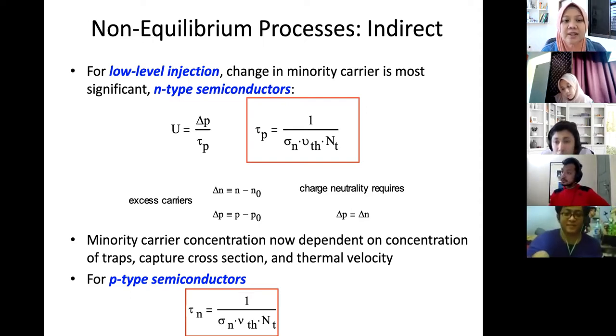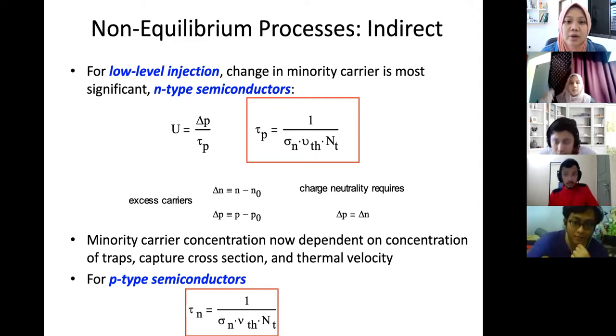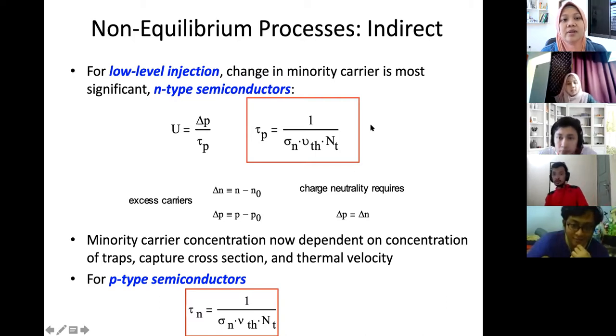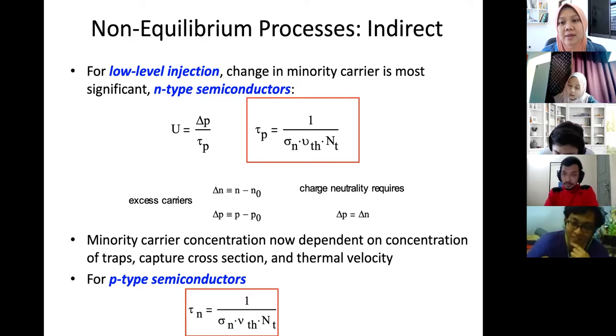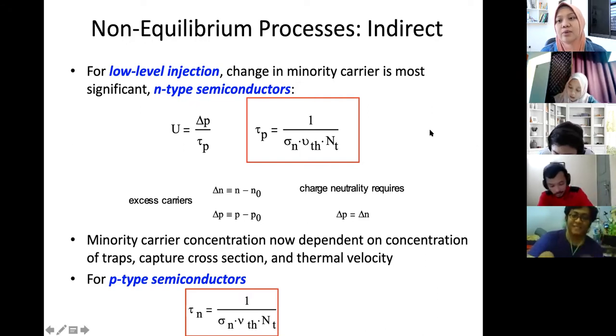So the lifetime will tell you if you have more traps inside a semiconductor, the lifetime will reduce. You have more traps or defects inside the semiconductor, the lifetime will reduce. Why, Hambali?